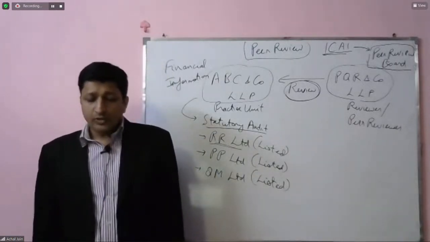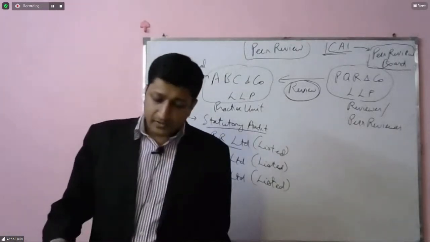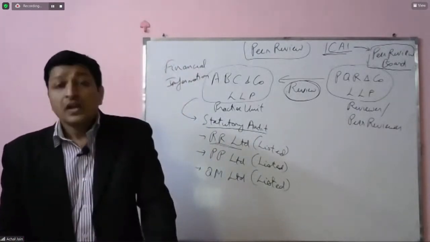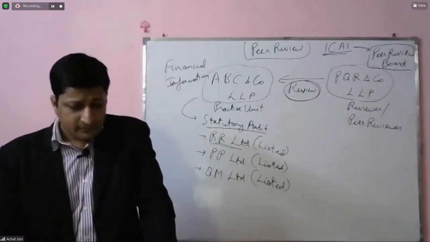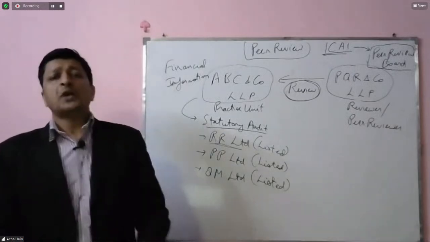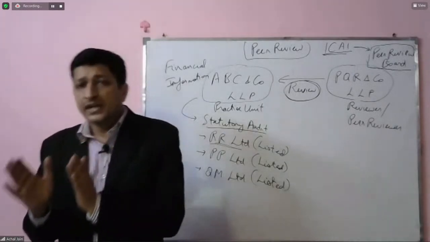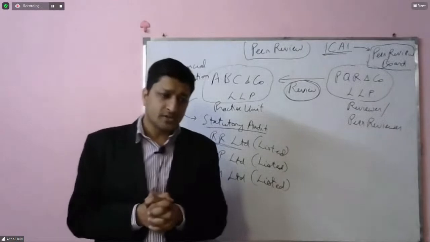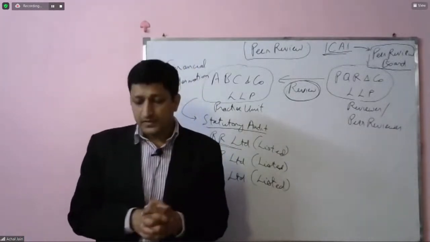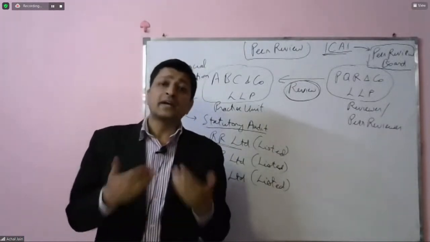Now let's move on to the objectives of the peer review. So what is the objective of the peer review? Very simple, to ensure that the quality is there in case of attestation engagements, in case of assurance services. And how can that be established?